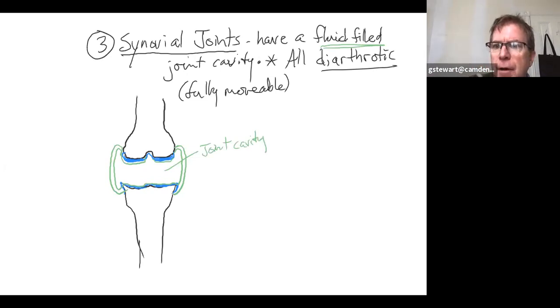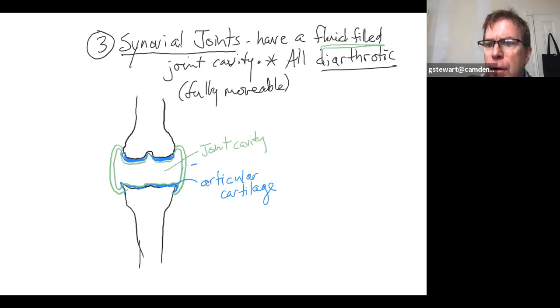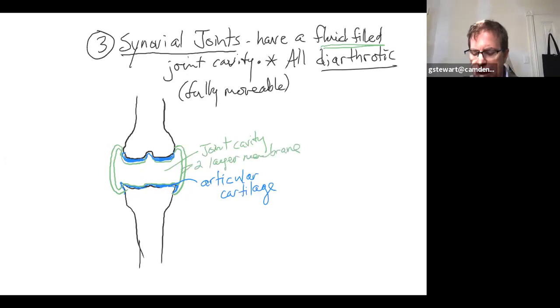Let's label some of this stuff. So what's in blue is articular cartilage. Remember, that's hyaline cartilage tissue. It's always part of a synovial joint. I wanted to have green, not blue. This is a double-walled, two-layer membrane making up that joint cavity.